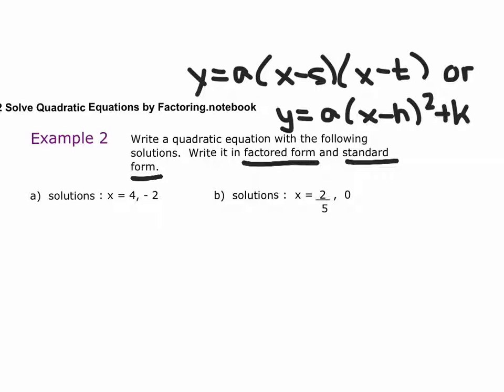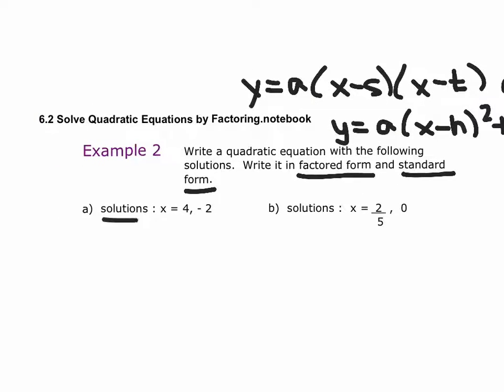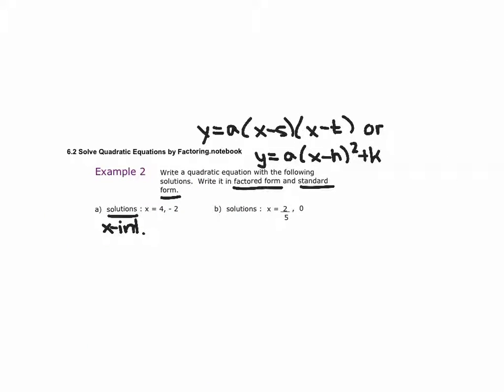In this situation, they've given us the solutions, which also means the x-intercepts, so we're going to use y equals a(x minus s)(x minus t).